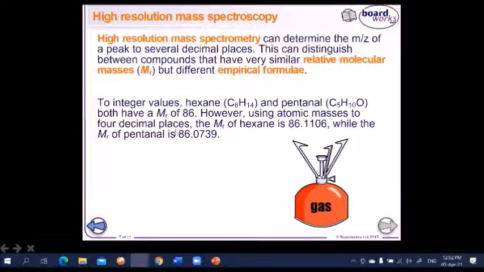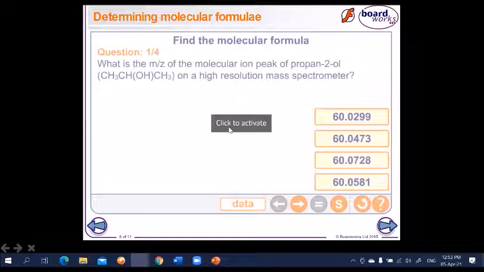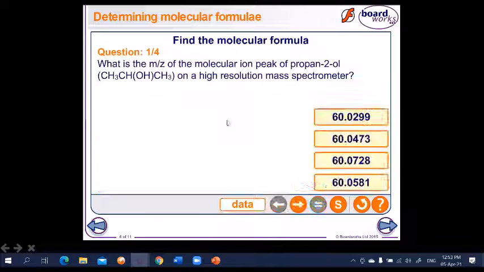However, using atomic masses to 4 decimal places, the Mr of hexane is 86.1106, while the Mr of pentanol is 86.0739. So with a high enough resolution, it is possible to distinguish between hexane and pentanol, which are both colorless liquids.